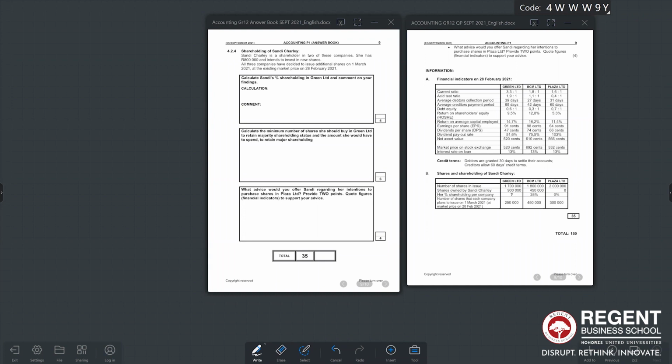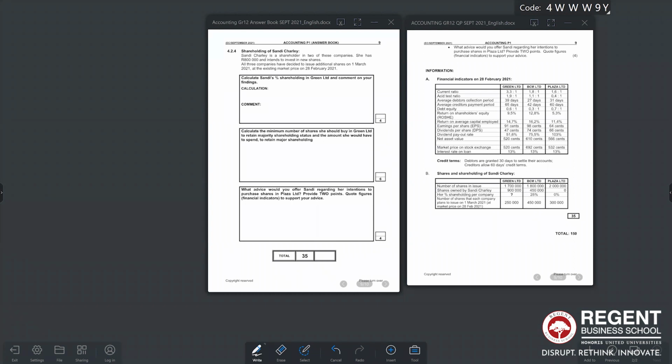She is a major shareholder. In other words, she's got controlling interest. She has majority shares in this company. Yes, she is a majority shareholder. So that's your comment. 2 marks for the calculation, 2 marks for the comment. You got your 4 marks.